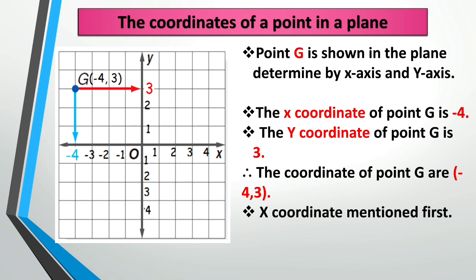It means the x coordinate of the point G is -4, the y coordinate of point G is 3. The coordinate of point G, how do we write? (-4, 3). X coordinate is mentioned first always. So -4 will be the coordinate of x and 3 will be the coordinate of y.